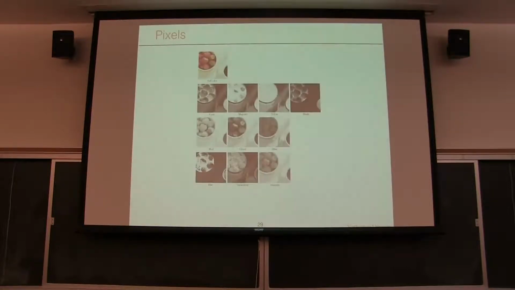Okay, so here is again a visualization of what these color maps mean, and working on the pixels. Here I have this nice picture that is in full color. It has some bowl with strawberries and maybe a cup of coffee next to it.